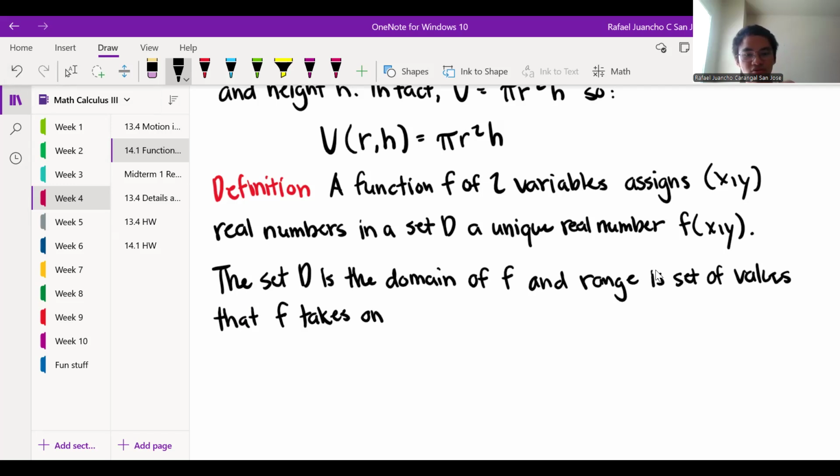So it would probably look something like this. So I have my function. So here I'm writing a rule. And the rule is that my x and my y are real numbers, or they belong to some set D, and this gives me a real number, f of x, y.